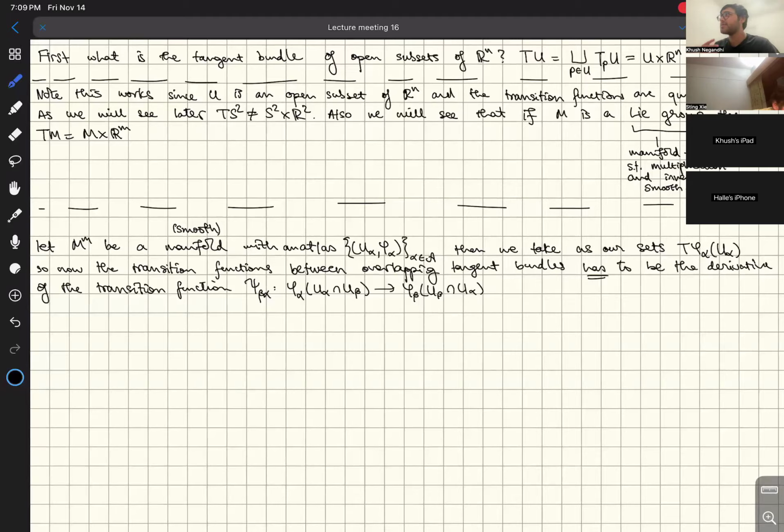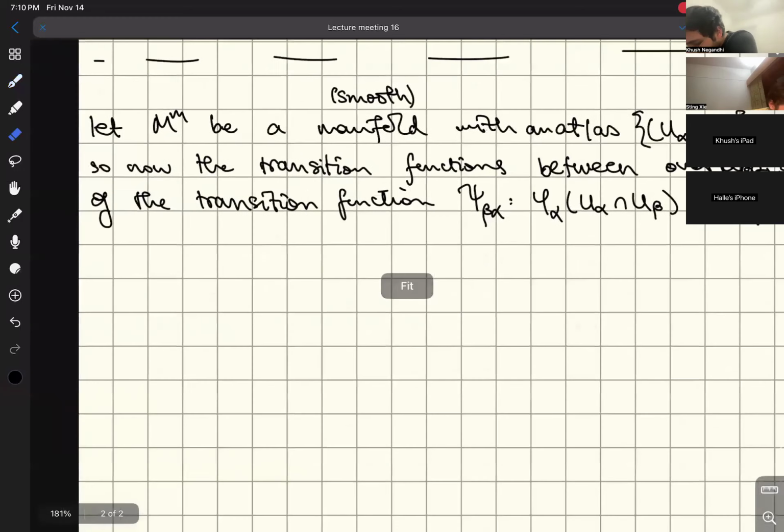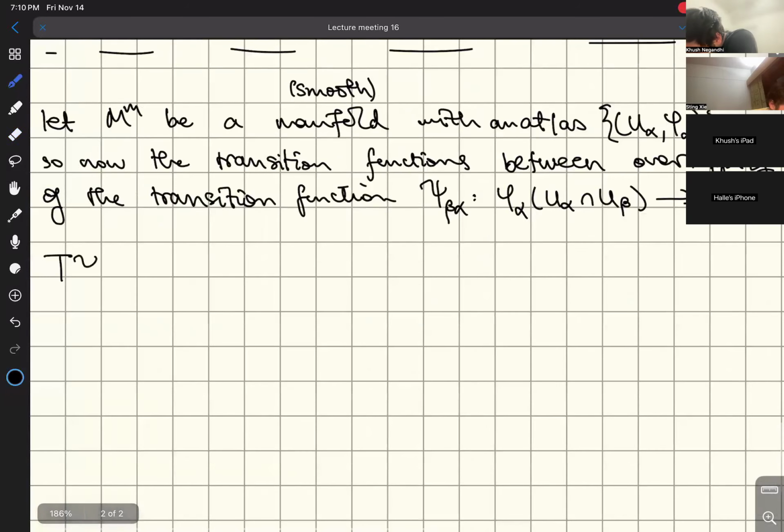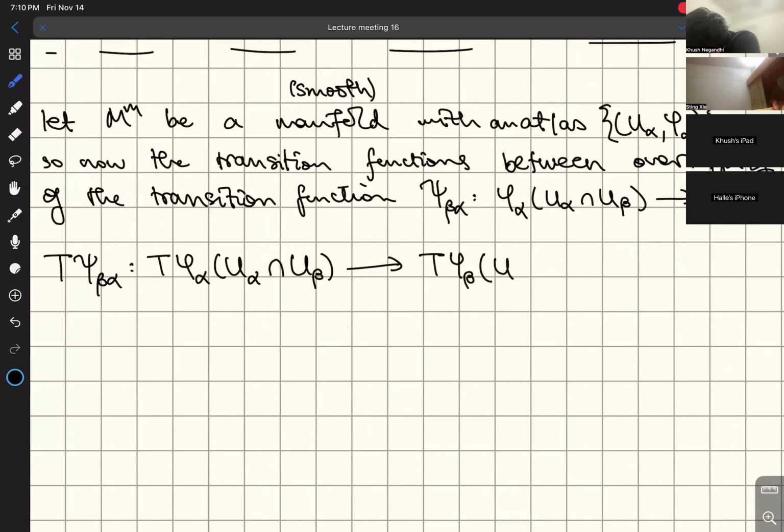But I'm going to define the derivative slightly differently. I'll call this the tangent derivative for now, or the tangent map of the derivative, or whatever you want to call it. It's going to be defined as follows. It's going to be the map T psi beta alpha. It goes from the tangent bundle of U alpha intersect U beta into the tangent bundle of phi beta of U beta intersect U alpha.